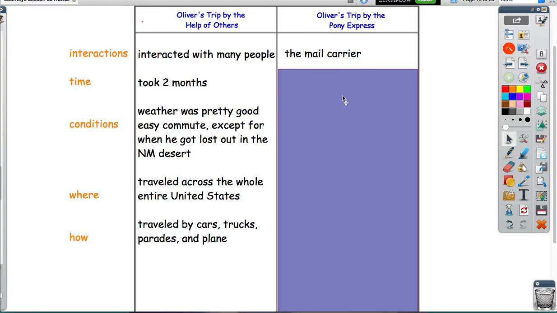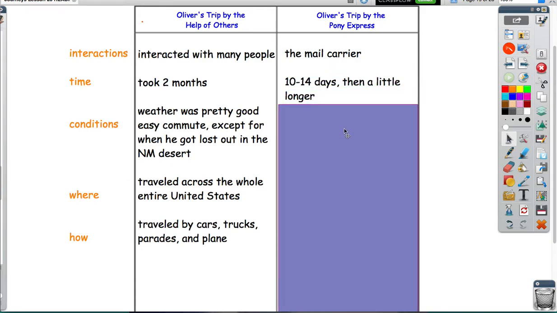Go back to your text. Maybe look at that timeline we talked about and add how long it would take. That's right. It would at least be 10 to 14 days on train, and then most likely a little bit longer after that. So definitely at least 10 to 14 days. Not as long as 2 months, but 2 weeks.